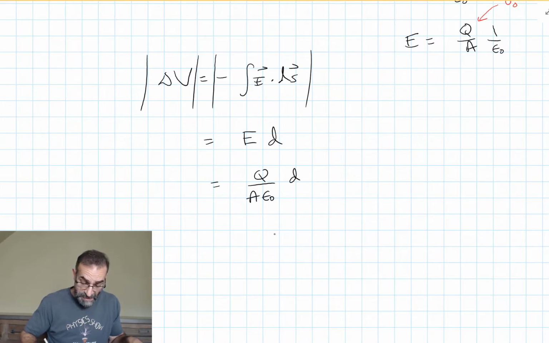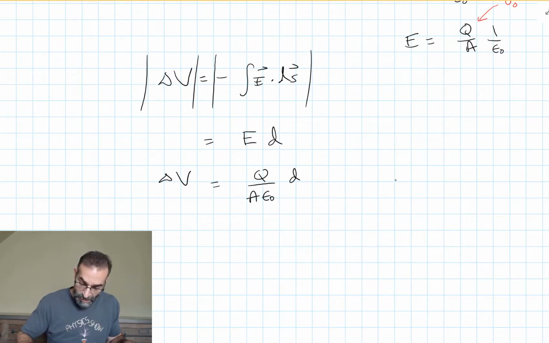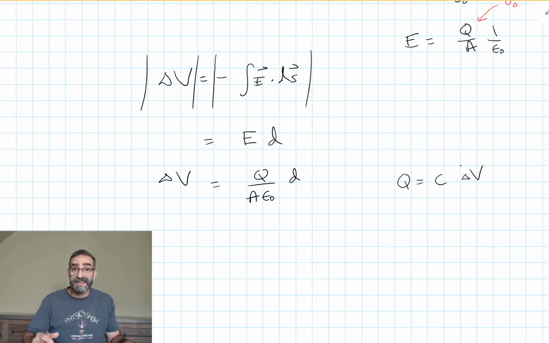I've got my distance between the plates, and this is equal to the change in potential. Now I'm going to rearrange these things. I have a delta V and I have a Q. And remember, my equation up above was Q is equal to C delta V. That was the equation I got for the capacitance.